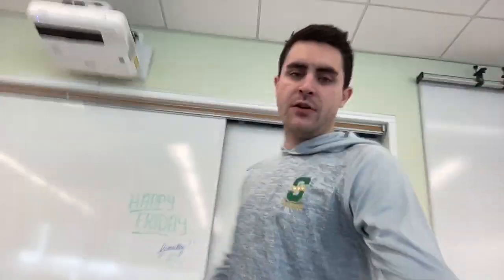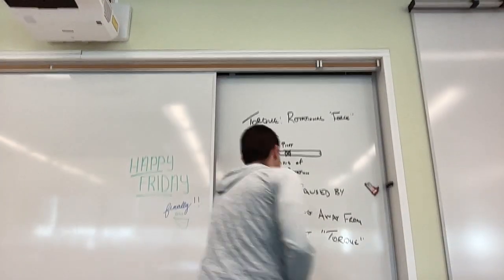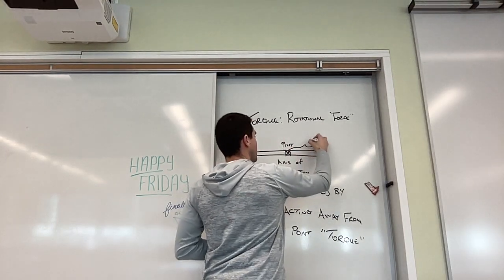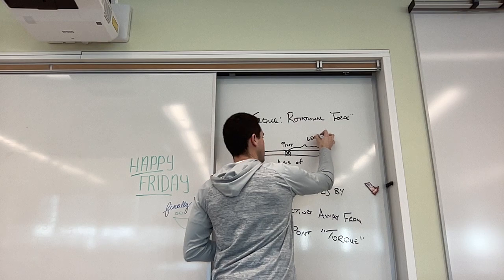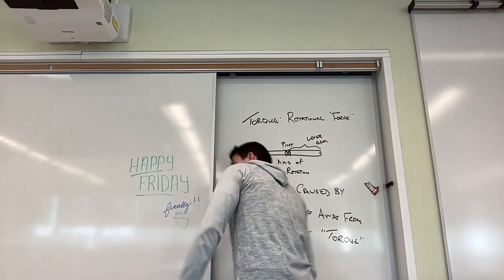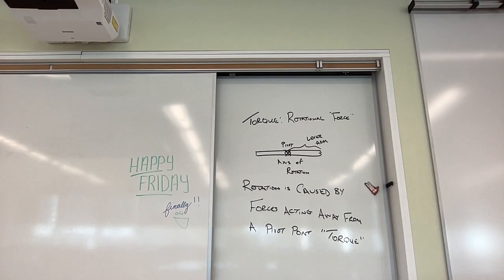Let's take some notes, all right? We're going up here. Let's get this definition written down, and let's go ahead and get some of this schematic stuff written down, all right? We call this the lever arm. I'll let you go ahead and pause the video, take some notes, write this stuff down in your notes if you need to, but this is just the definition, what I call rotational force or torque.